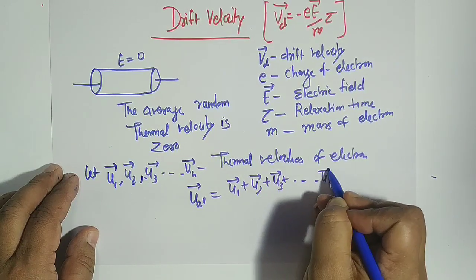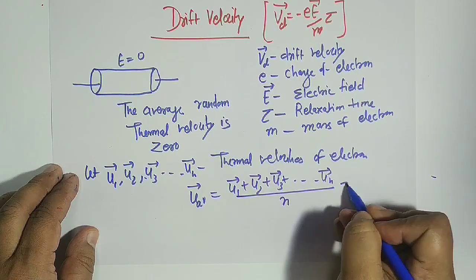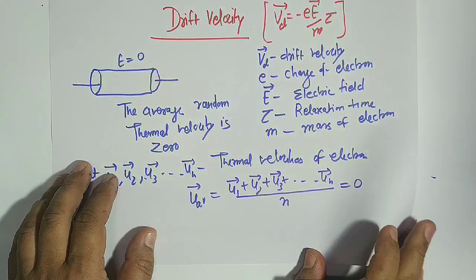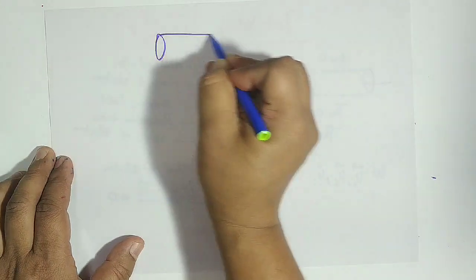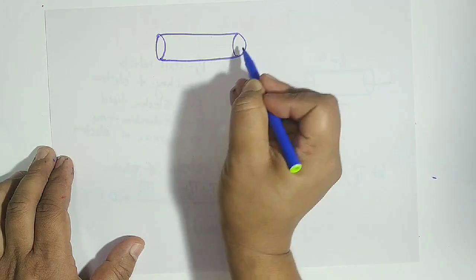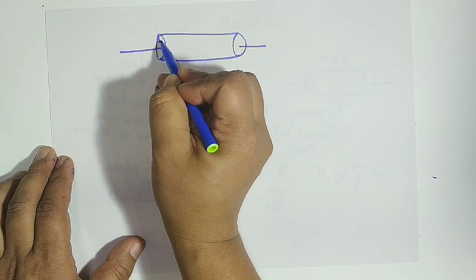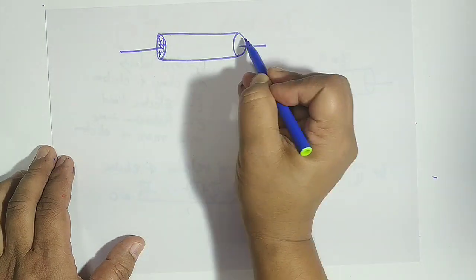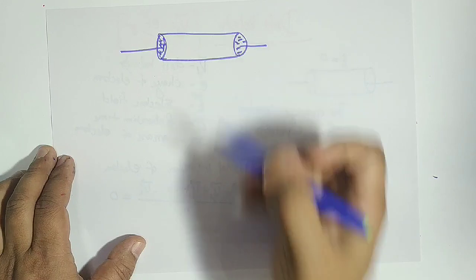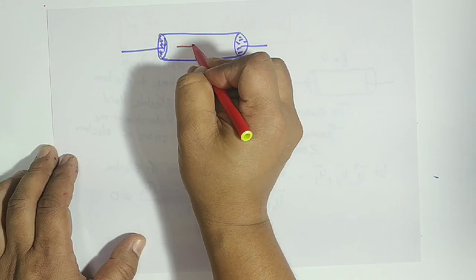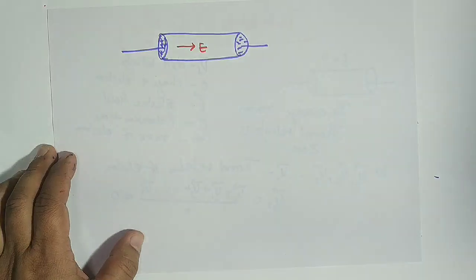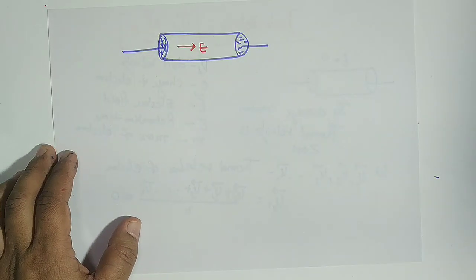So we need an electric field to move the electron. So again I will take the conductor, and this time the conductor has a positive charge at this end and a negative charge at this end. So an electric field will be there, and this electric field is from positive to negative.